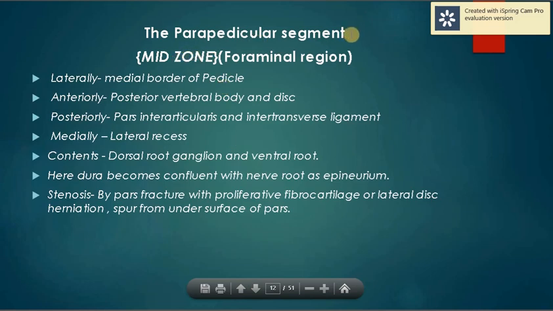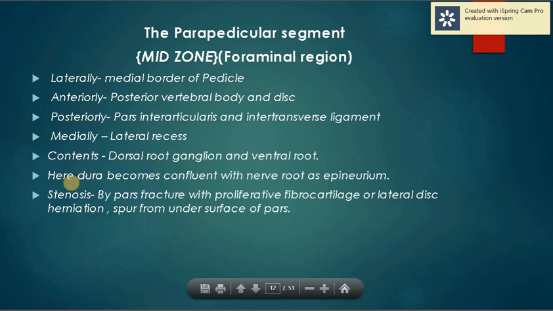The parapedicular segment, that is the mid zone foraminal segment, is surrounded laterally by the medial border of the pedicle, anteriorly by the posterior vertebral body and disc, posteriorly by the pars interarticularis and intertransverse ligament, and medially by the lateral recess. The contents are the dorsal root ganglion and the ventral roots, where the nerve roots exit.